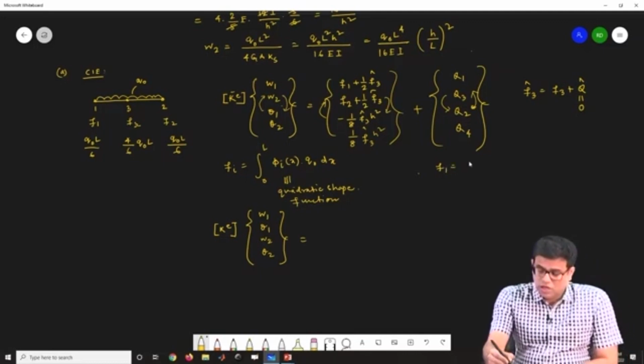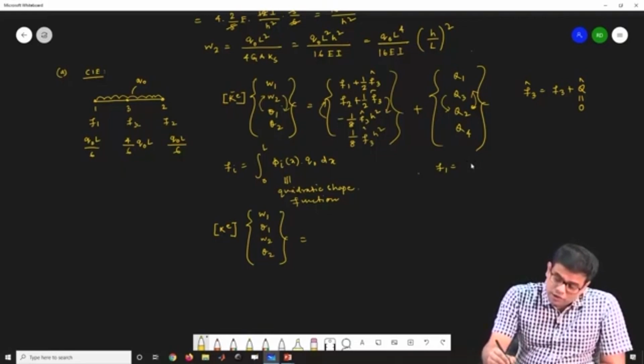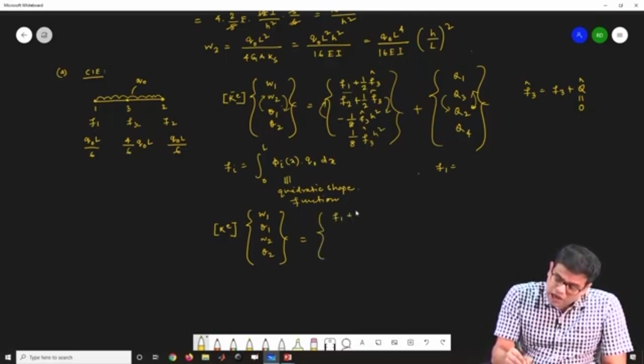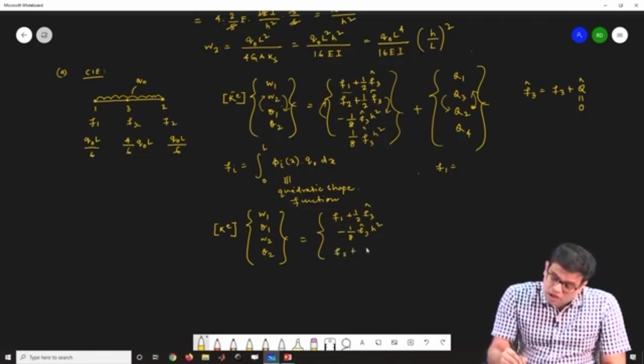That is, QF1 is essentially F1 plus half of F3 hat, then minus 1 by 8 f3 hat h square, then f2 plus half of f3 hat, and then 1 by 8 f3 hat h square.